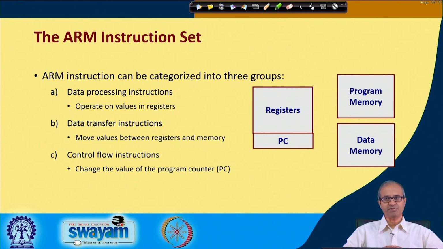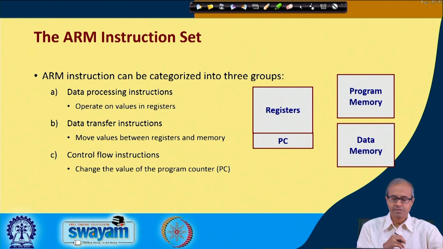But it is always good to know the lower level features of the processor in order to make an informed decision about which processor may be better for a particular application. It is with this motivation that we are giving you a brief introduction to the assembly language features of the ARM processor, which is a reflection of the hardware features provided by the ARM platform.